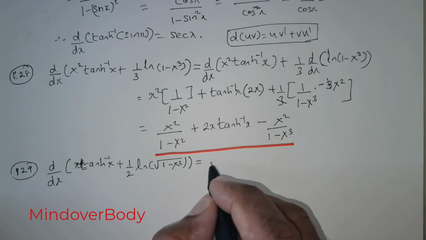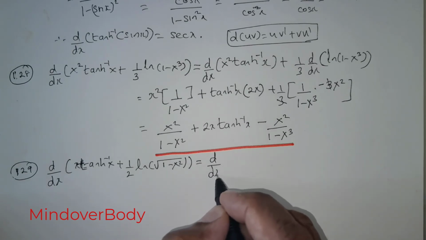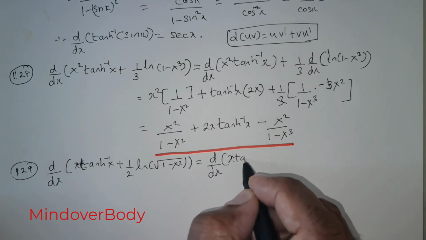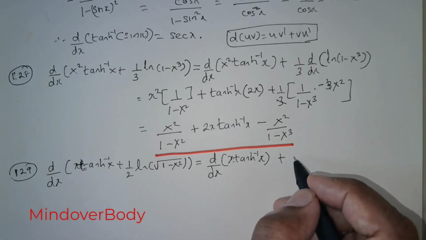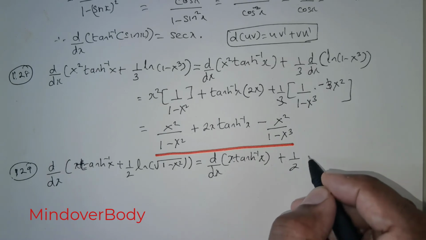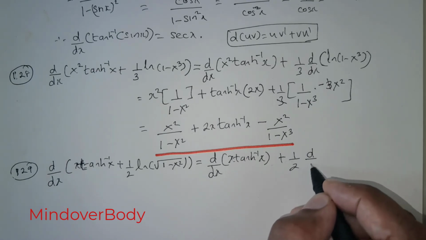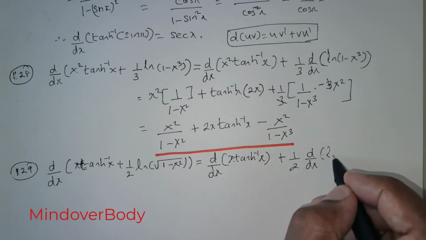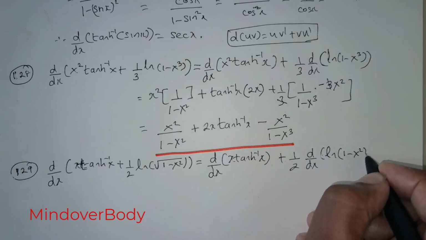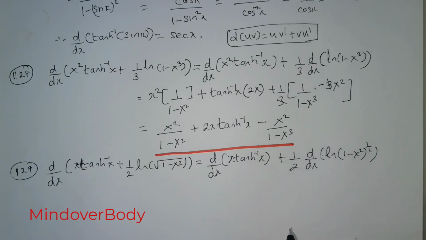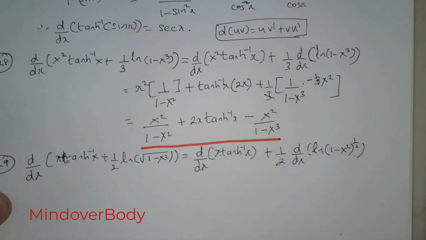Now this is equal to, I'm going to rewrite this as d over dx of x times hyperbolic tan inverse of x plus. I can take this 1 over 2 out and then differentiate ln of, this is actually 1 minus x squared raised to the power of 1 over 2, right? So this is what I've got.